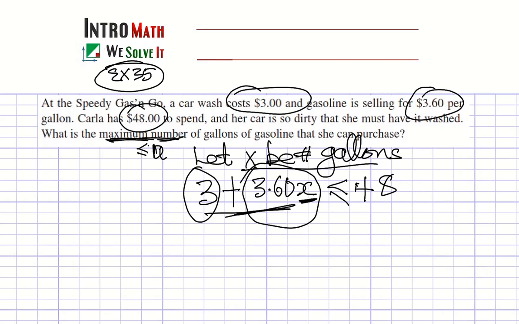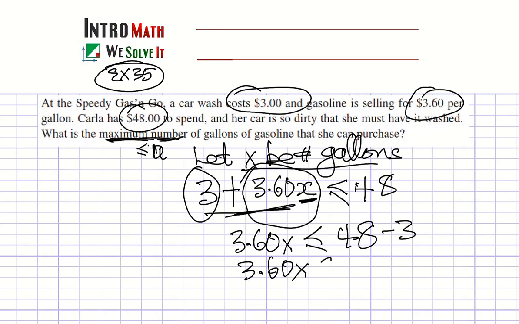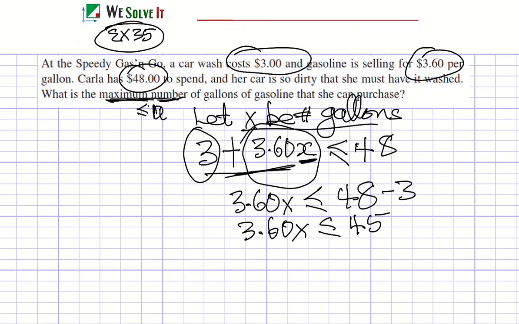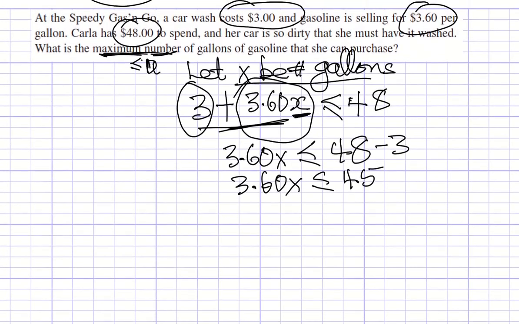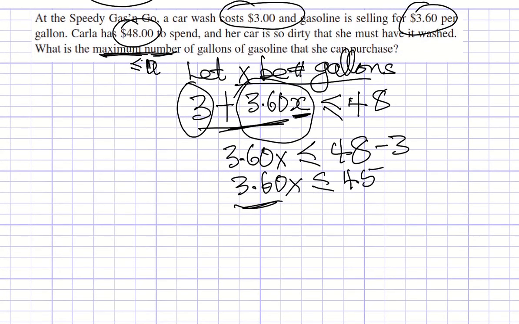So you solve that. 3.60x is less than or equal to 48 minus 3, which is 45. To get rid of the 3.60, you divide by 3.60.